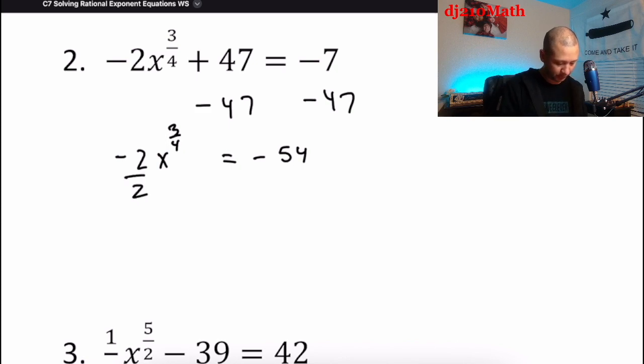Divide both sides by -2. All right, left hand side, -2's cancel. Right hand side, the negatives are going to cancel, and this is going to make 54 divided by -2, 27.